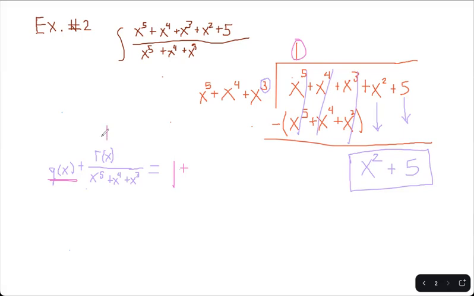Meaning our rx is our remainder, which ended up being x squared plus 5 over x to the fifth plus x to the fourth plus x cubed. Okay.